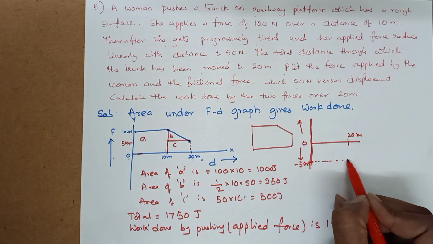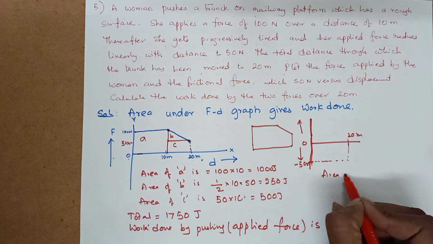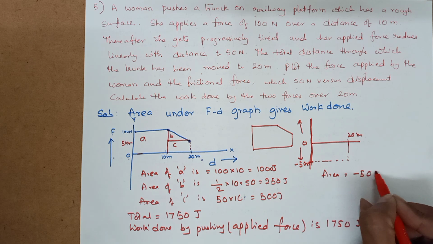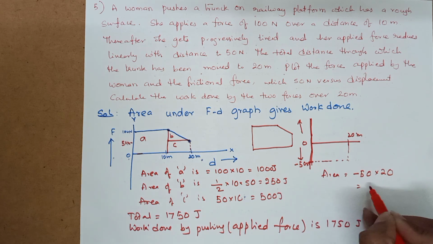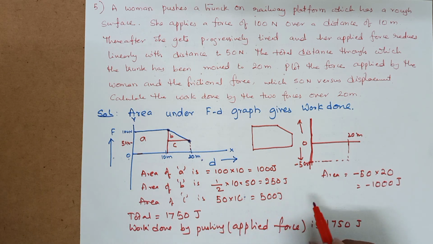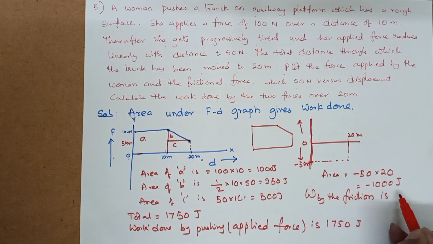This is a force and this is a displacement. Now this area we will calculate as minus 50 into 20, which is minus 1000 joules. Work done by the friction is minus 1000 joules.